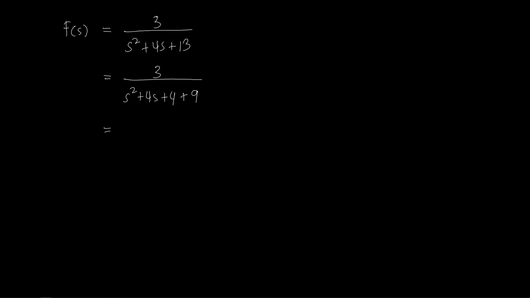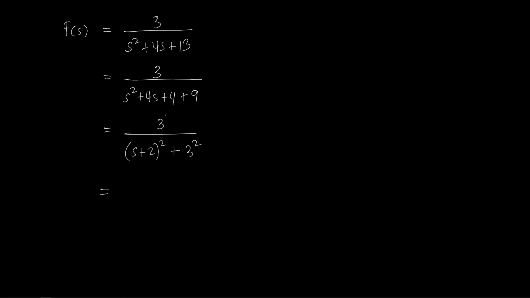We have, this is already a perfect square. So it becomes s plus 2 squared plus 3 squared. Then what about the 4? The numerator is a constant, then addition.